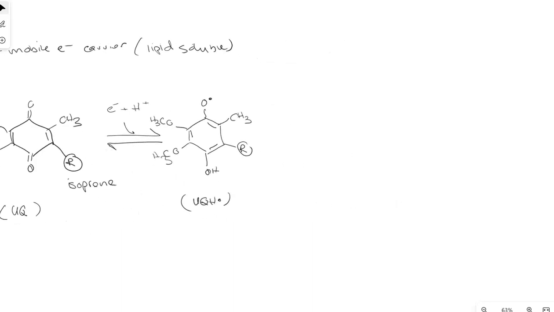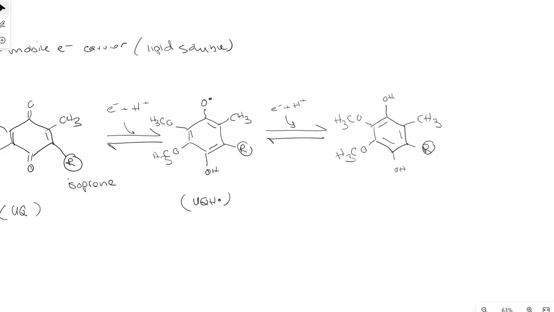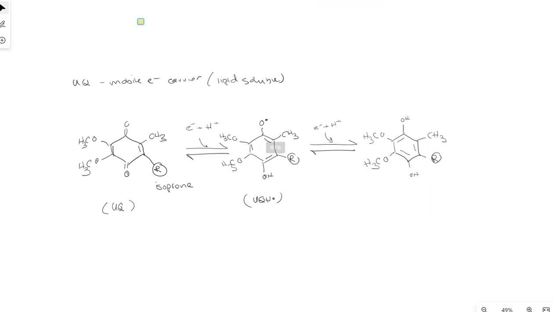And then you can have a second transfer which satisfies the radical and moves the second hydrogen to the oxygen with the radical position, and retains conjugation. If I reduce this, we can see the whole thing.